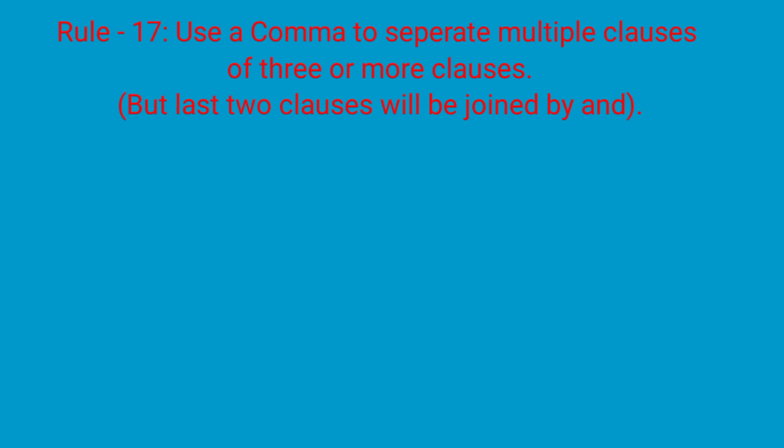Rule number 17. Use a comma to separate multiple clauses of three or more clauses, but the last two clauses will be joined by and. After every clause, a comma is placed, but the last two clauses are joined by the conjunction and.